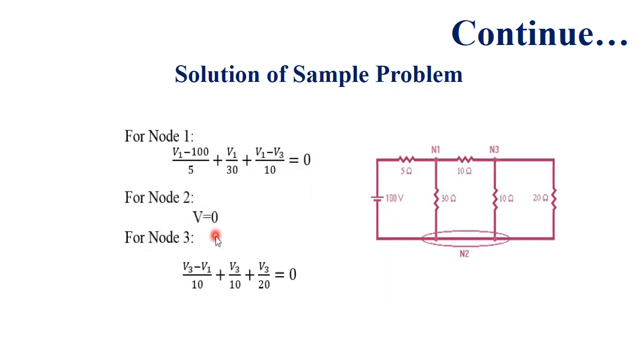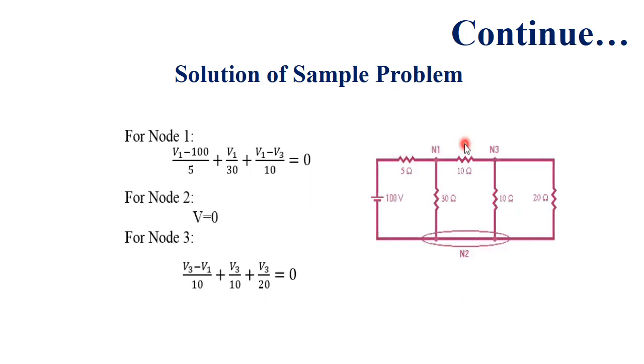For node 3, if we apply the Kirchhoff current law across this node, there are basically 3 branches. For the analysis of current across the branches, firstly we have a 10 ohm resistor.